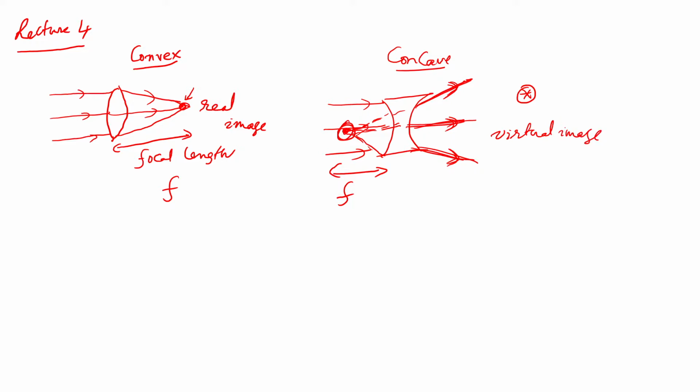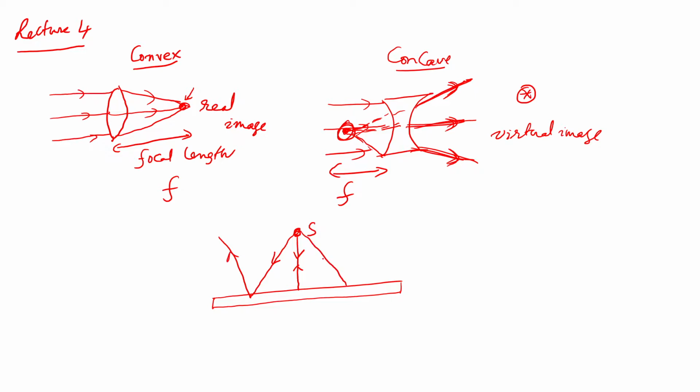Same is the case with a plane mirror. So if I have a plane mirror, we have seen from Fermat's principle that the angle of incidence should be equal to the angle of reflection. So if the ray is going straight, then it is reflected straight back. If a ray is going this way, it is reflected this way.